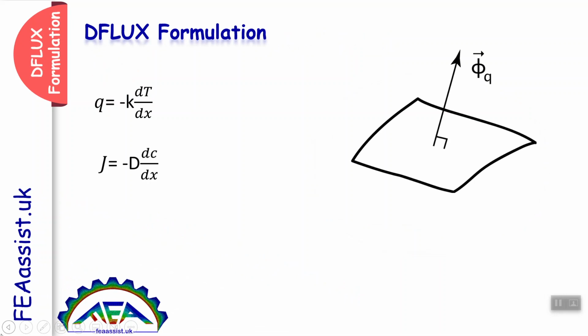For mass diffusion problems, it is a function of concentration with respect to x. In mass diffusion problems, flux is the amount of atoms, molecules, or moving objects transferring through a unit of area and unit of time.